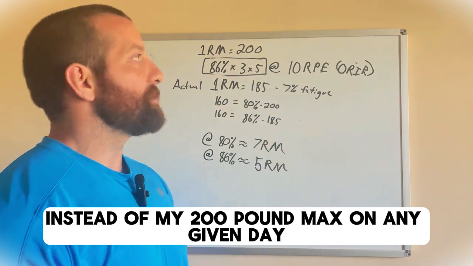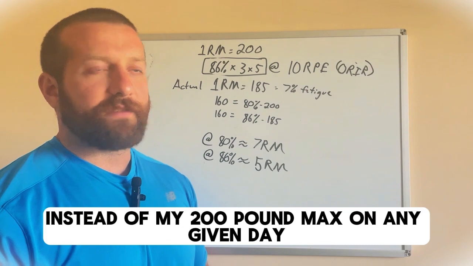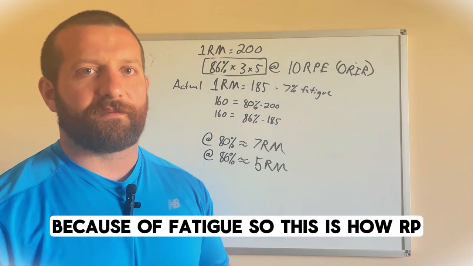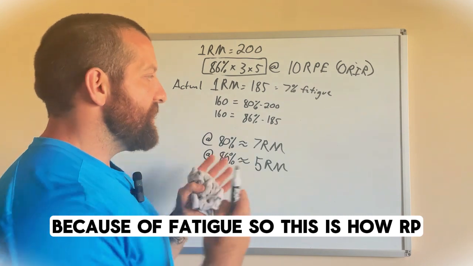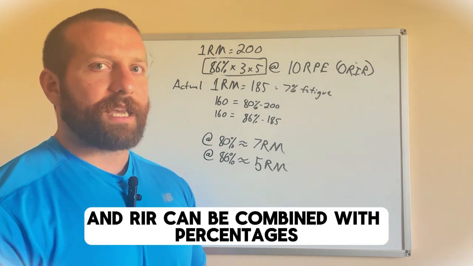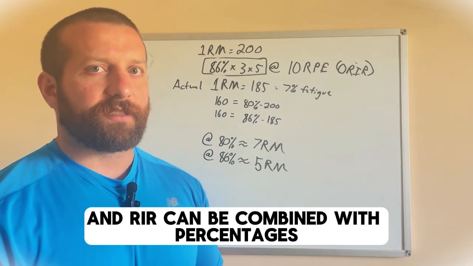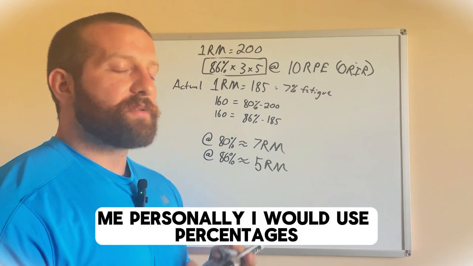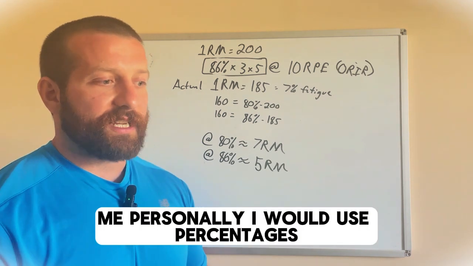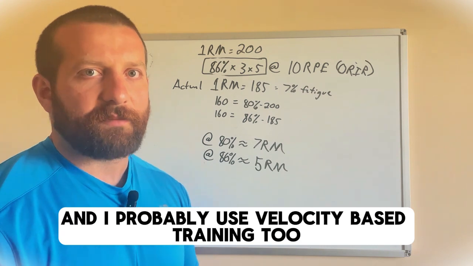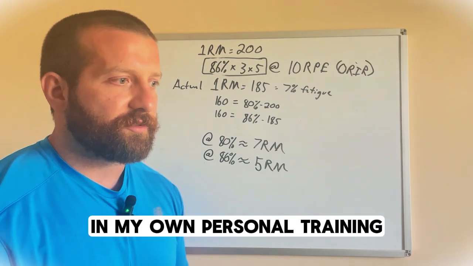Instead of my 200-pound max on any given day, I only have 185 pounds that I'm capable of because of fatigue. So this is how RPE and RIR can be combined with percentages to build a really great prescription. Me personally, I would use percentages, RPE, RIR, and I'd probably use velocity-based training too in my own personal training.